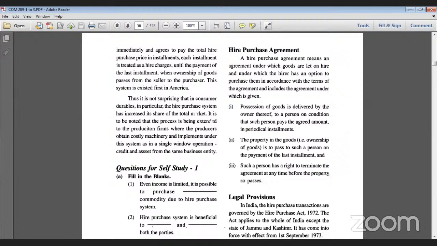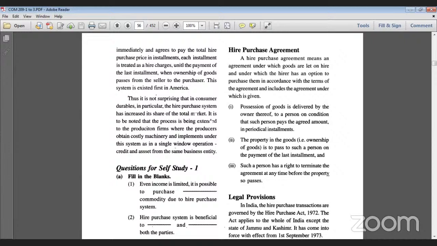Hire purchase agreement. The hire purchase agreement means an agreement under which the goods are let on hire and under which the hirer has an option to purchase them in accordance with the terms of the agreement, and includes the agreement under which possession of the goods is delivered by the owner thereof to a person on condition that such person pays the agreed amount in periodical installments.